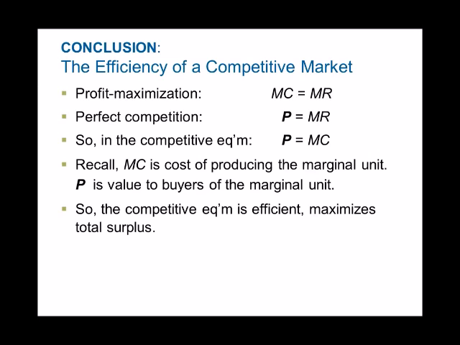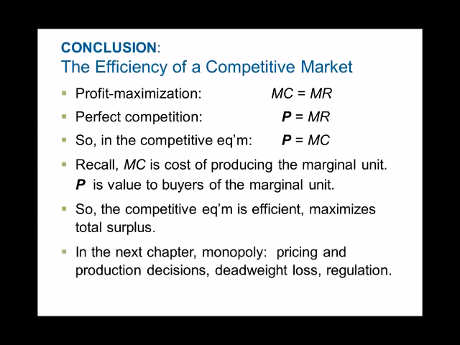If the buyers are paying exactly what they value the product to be and the seller's cost is exactly that amount to produce it, then the market is not wasting any resources. In the next chapter, which is monopoly, we will see that this does not hold, and so there can be some differences, and it can cause certain problems.